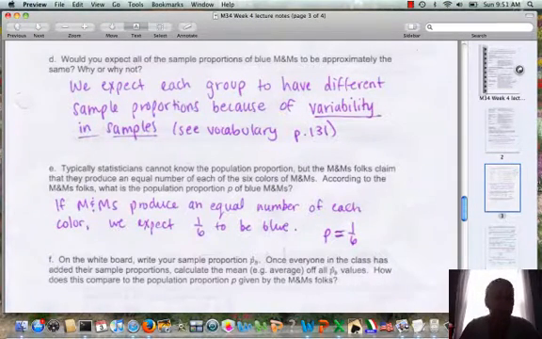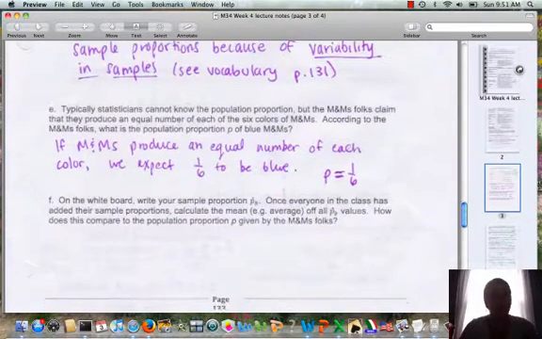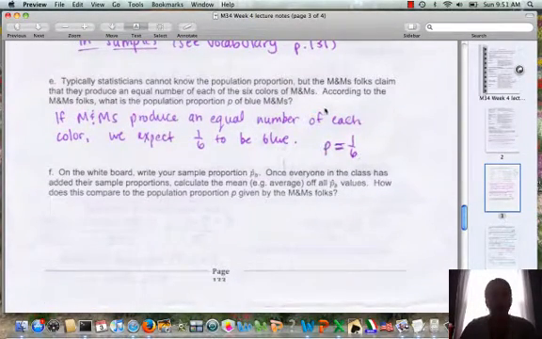If we were in class, each group could write their sample proportions up there and see how this compares to that population proportion 1 out of 6. And you'll notice some groups have more than 1 out of 6 proportion blue M&M, some groups have less than 1 out of 6. So again, we expect there is going to naturally be variability in the samples.